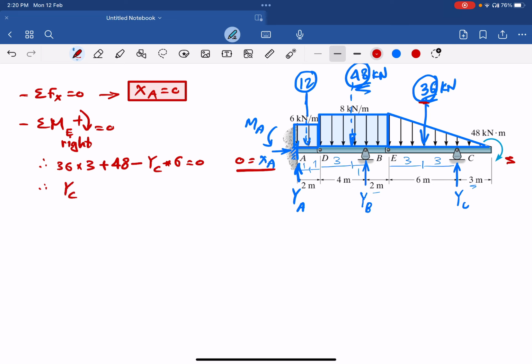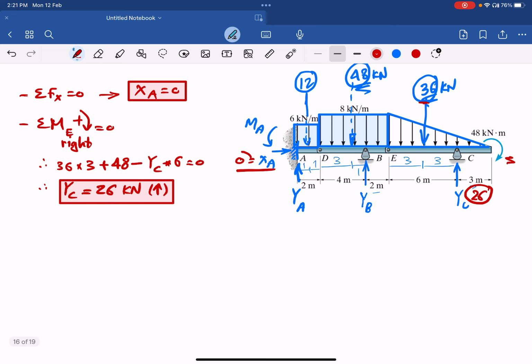From here we can get YC using a calculator: 36 times 3 plus 48, all divided by 6, so it will be 26 kilonewton. And it is going upward as we assumed. This is the second force that we can find, YC equals 26 kilonewton.